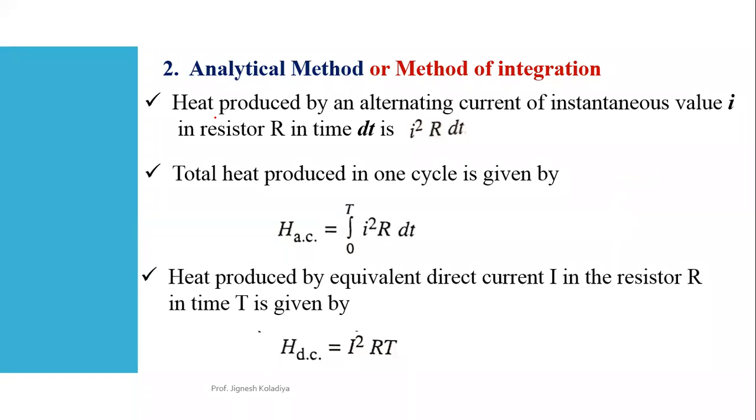So in this case, heat produced by an alternating current of instantaneous value i in resistor R in time dt is, can I write like this? One circuit is there.